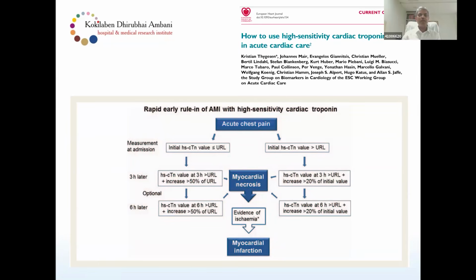So this is the difference between the two approaches. One is a rule out approach and one is a rule in approach. And I would prefer that the Indian hospitals, especially the corporate hospitals, should adopt a rule in of acute MI approach, because we have to give the patient the value of their money.